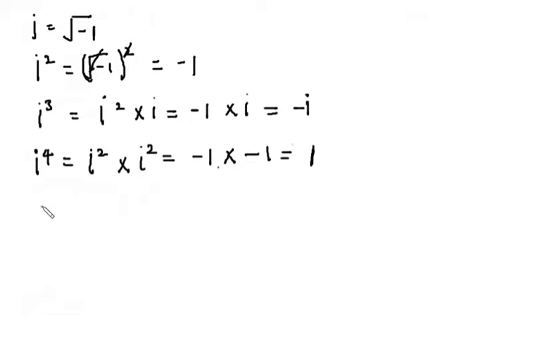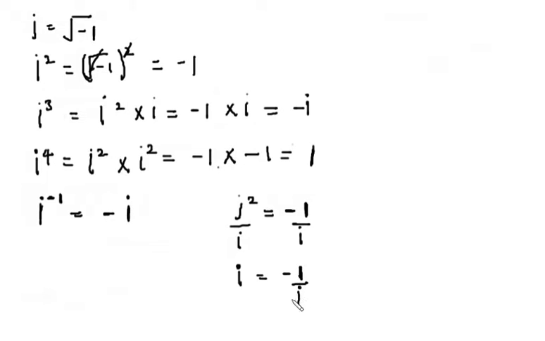There's also an important one. i to the power of minus 1 is equal to minus i. This comes from the logic that if you have i squared, you have minus 1. If we divide both sides by i, you have i equals minus 1 over i.